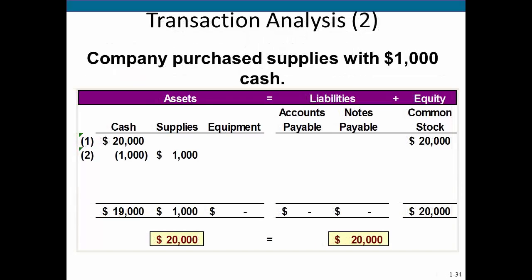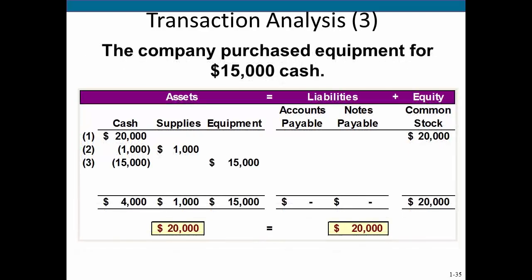S. Scott Company purchases supplies with $1,000 cash. There is a $1,000 decrease in cash and an equal increase in supplies. The total assets are still equal to $20,000, but are divided now between cash and supplies. There is no change on the liabilities plus equity section of our books.